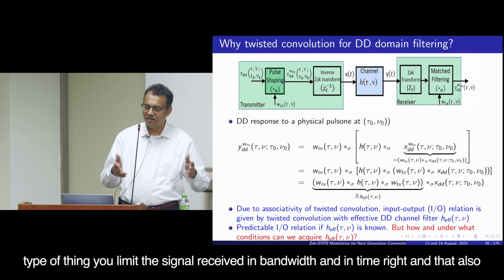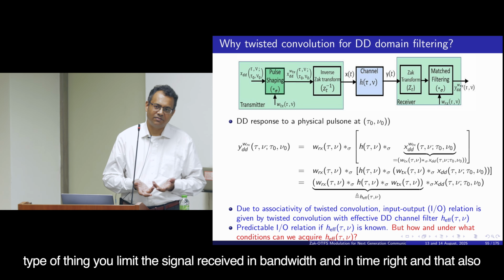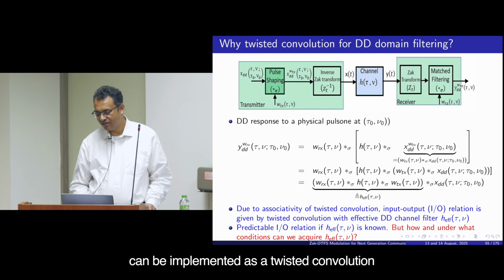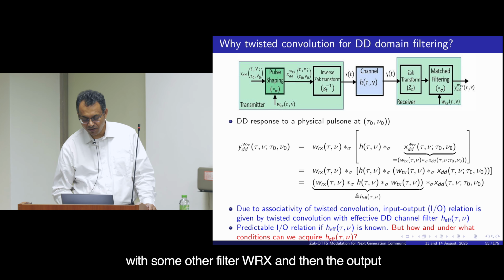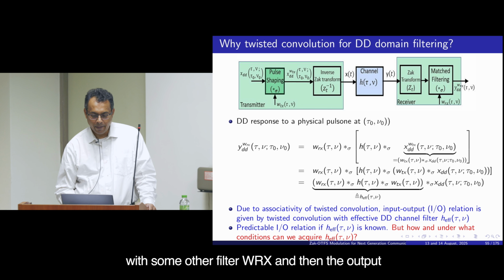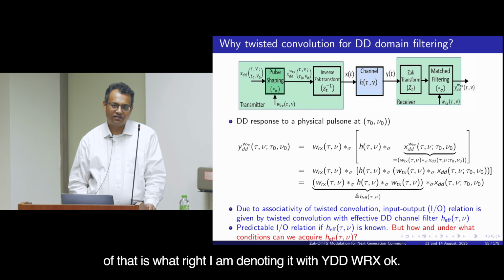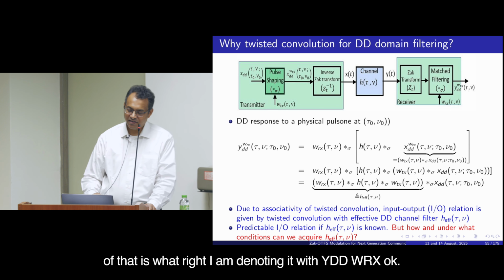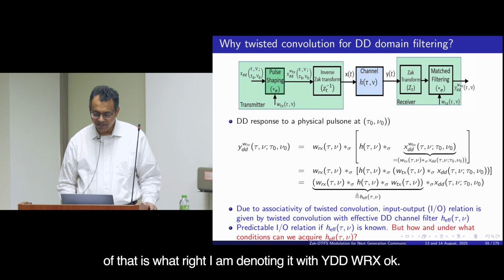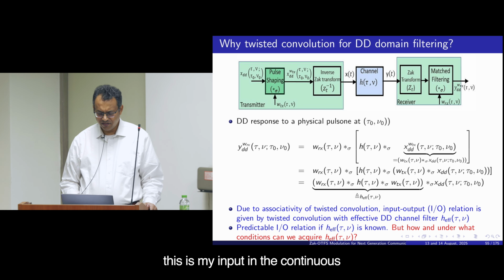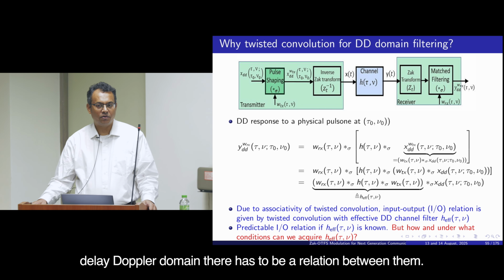You limit the signal received in bandwidth and in time, and that also can be implemented as a twisted convolution with some other filter, WRX. The output of that I am denoting as Y DD WRX. So, this is my output in the continuous delay Doppler domain.